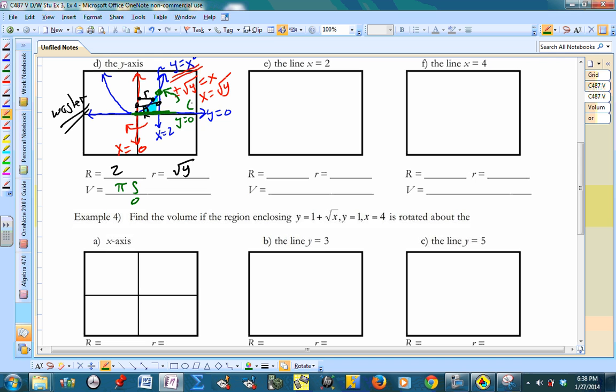When x is 2, we write it over here, 2 comma 4. So 4 is the upper limit of integration. Okay. So we integrate from 0 to 4. The big radius, 2 squared, minus the little radius, root y squared, all with respect to y.